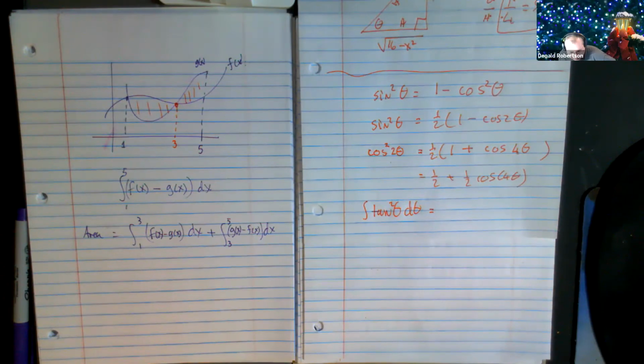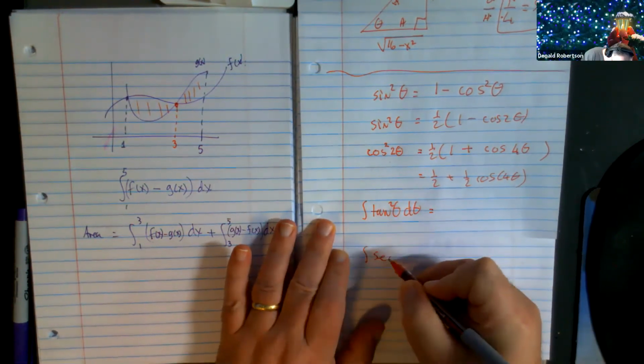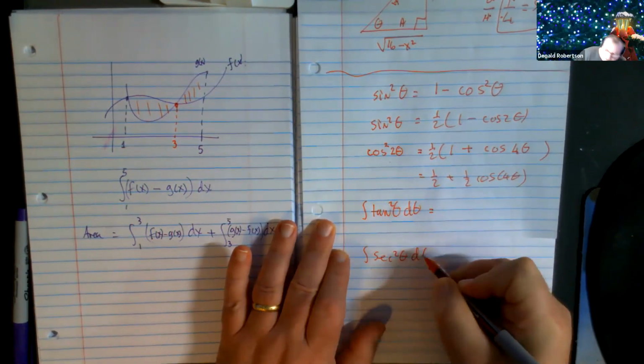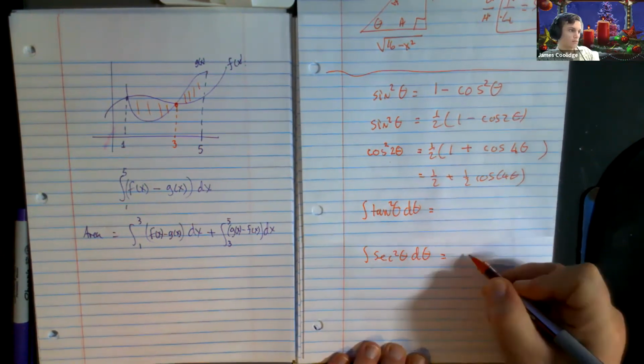I'd like to do the integral of tan squared. Unfortunately, I don't have anything for tan squared. The closest I've got is that I know the integral of secant squared. Does anybody know the integral for secant squared? Tangent.